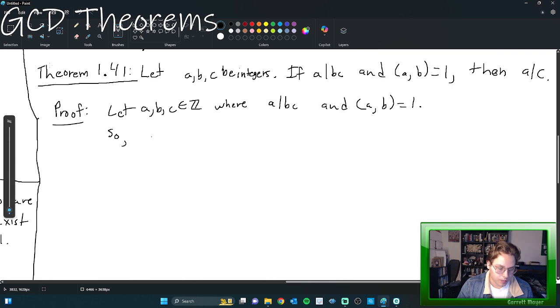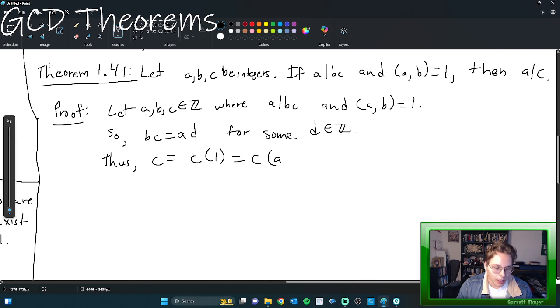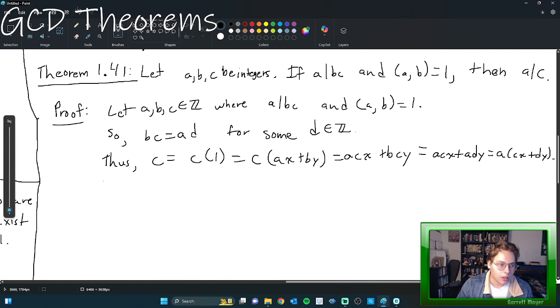So by the definition of divisibility, BC equals AD for some integer D. Thus, C equals C times 1 equals C(ax plus by) equals acx plus bcy equals acx plus ady, because we can sub in that BC as AD, which equals a(cx plus dy). Hence, A divides C.